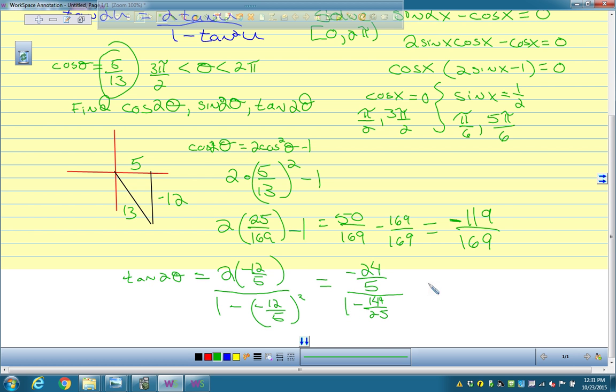What? That's right. So you get negative 24 over 5 divided by negative 119 over 25, writing 1 as 25 over 25. And if I subtract that, I get 119 again. Oh, the answer is always 119 over 25.